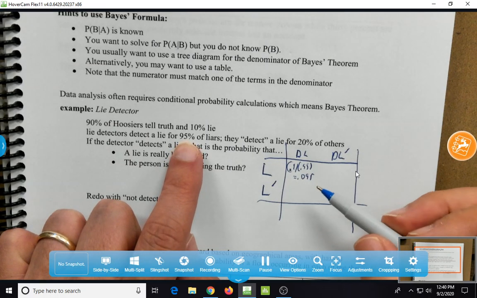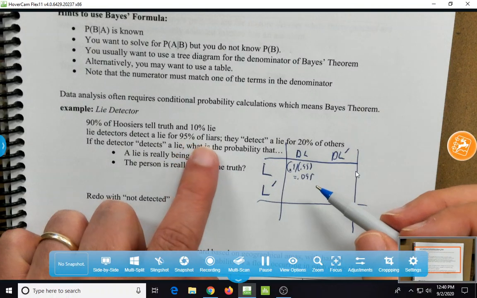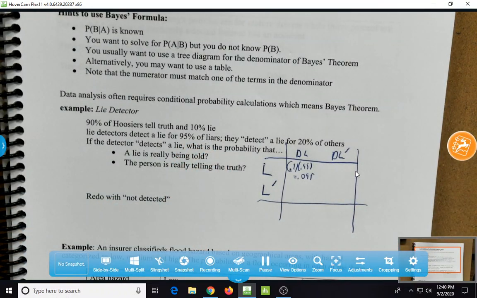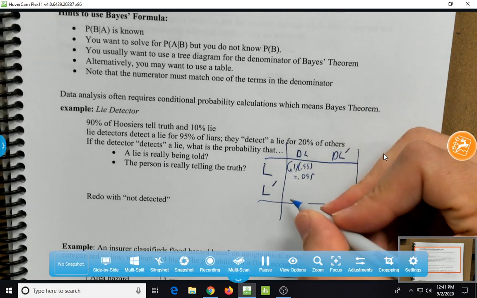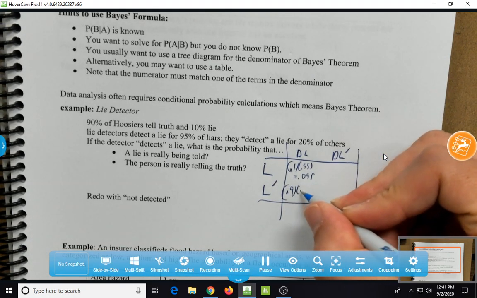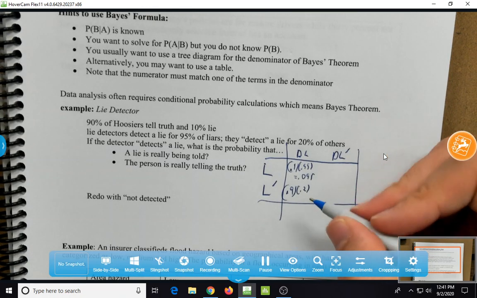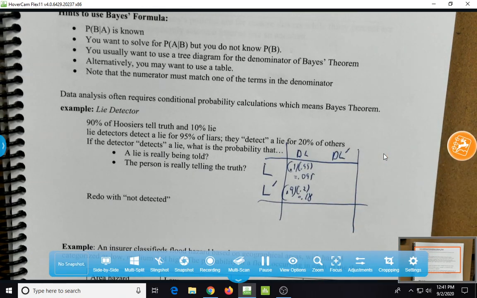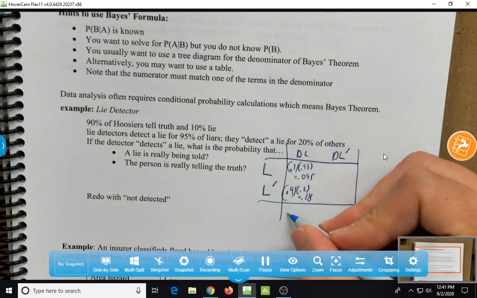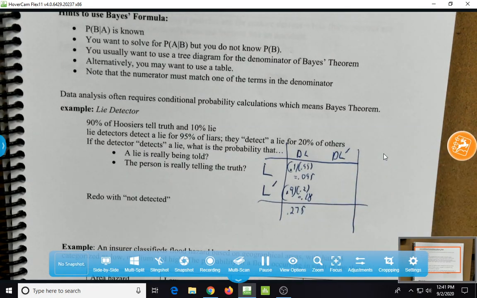Now, if you're not a liar, it detects a lie for how many of those? 20% of the others. So if you aren't a liar and you tell the truth, and you're 90% of the population, it's going to detect a lie 20% of the time, or in other words, 0.18. So if you add these up, you detect a lie 27.5% of the time.